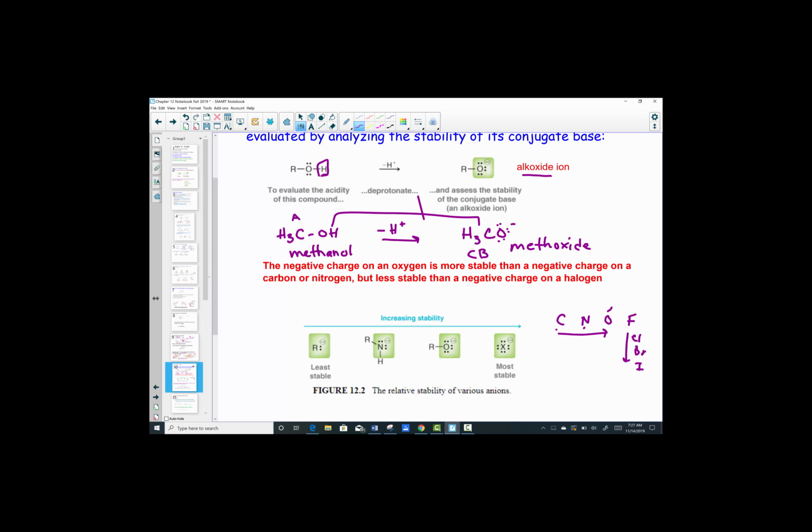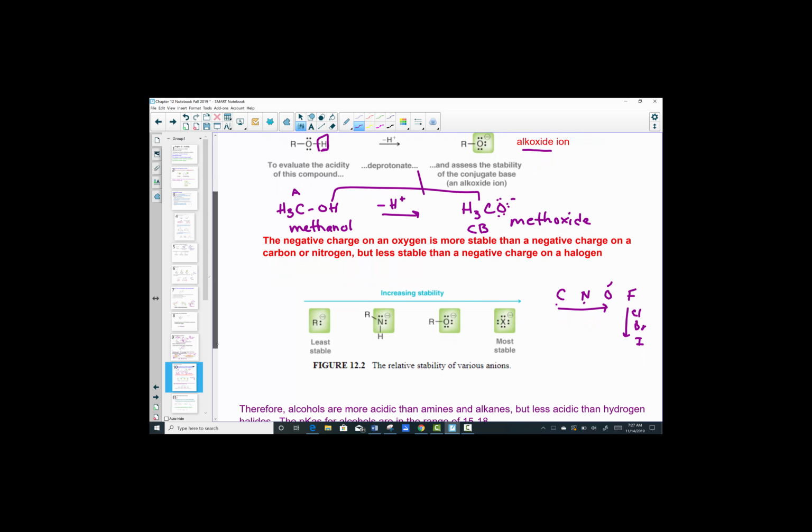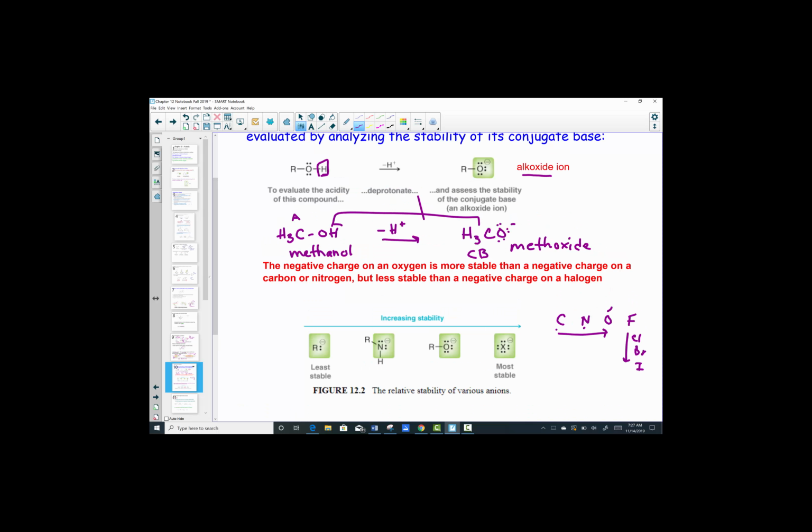So thinking about the stability of the negative charge on the conjugate base is giving us an idea of how strong the acid is. How easy is it to deprotonate this hydrogen? So it's easier to deprotonate an alcohol than it would be an amine, and certainly it's very difficult to take a hydrogen off of a carbon. That's a very nonpolar bond, so it's very equal in electron distribution.